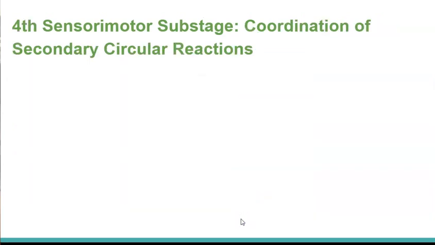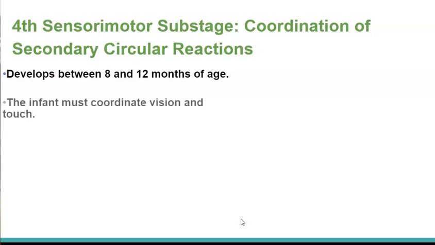In the fourth sensory motor substage, we are talking about how the secondary circular reactions are now beginning to be coordinated. This occurs between 8 and 12 months of age. Not only does the infant have to coordinate what they see, but the infant has to coordinate vision with touch.